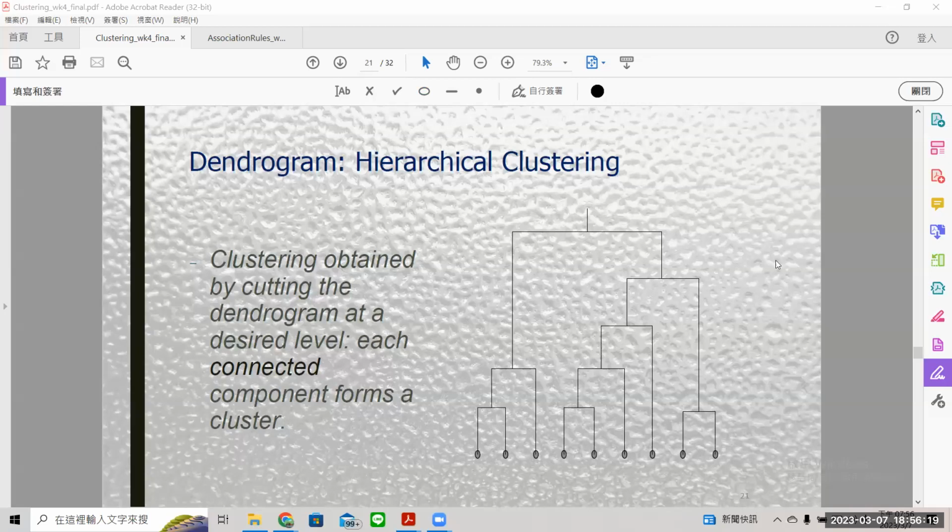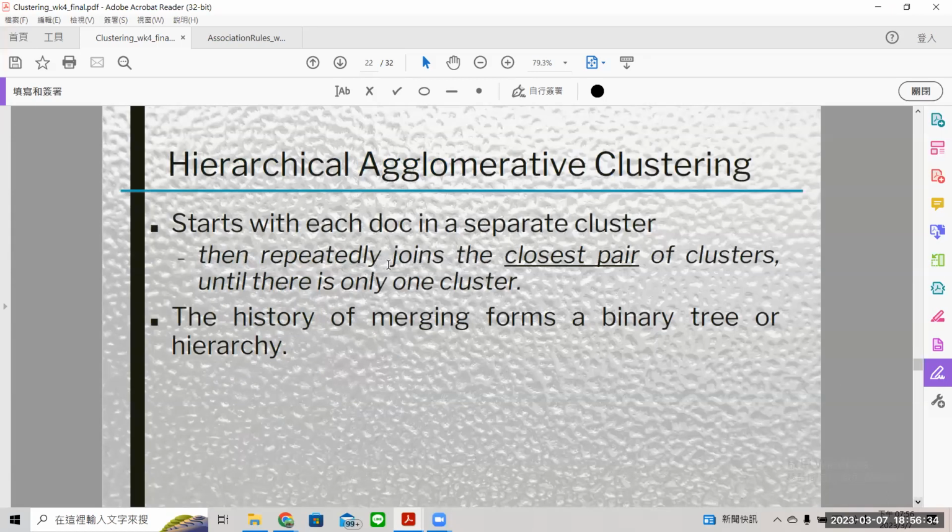Okay, next one. Here we use an algorithm we call agglomerative clustering. This is a really special pronunciation, agglomerative clustering.